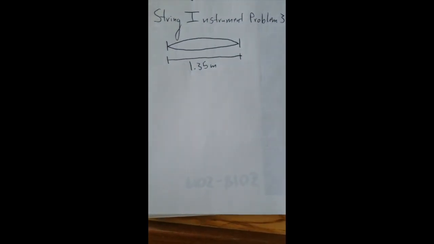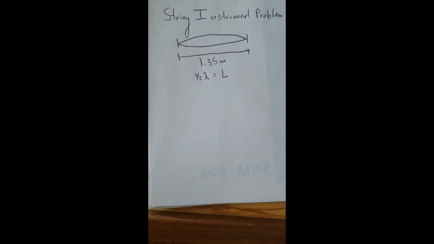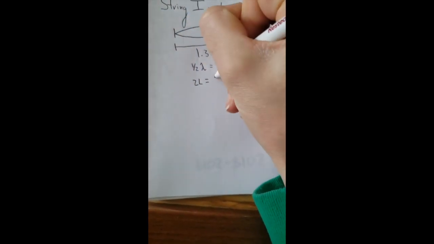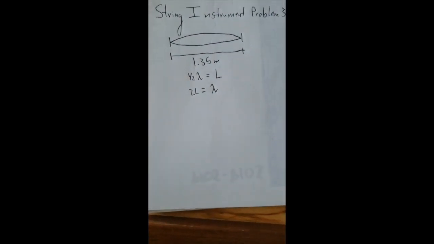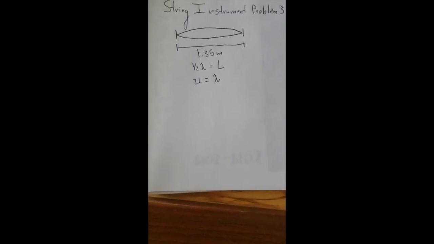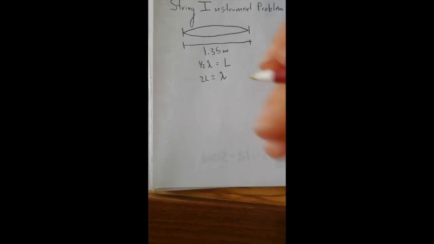As we looked at before, half of a wave will fit in that length, so you can think of it as half of the wavelength is equal to L, or you can think of it as 2 lengths of the string is equal to the wavelength. So we'll go about this in the same way. I'm just going to work through it really quick, not really explain all the steps.